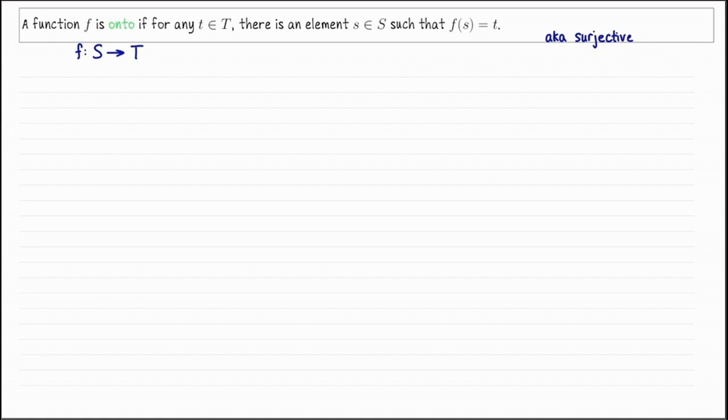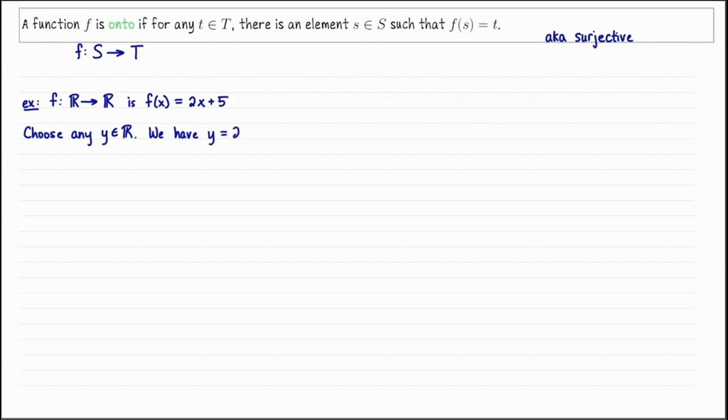Let's look at a couple of examples here, and you'll notice it's key how we specify T. For our first example, consider f sending R to R given by f(x) = 2x + 5. If I choose any possible real number as an output, let me call it y, I would like to find an x which will map you to y.